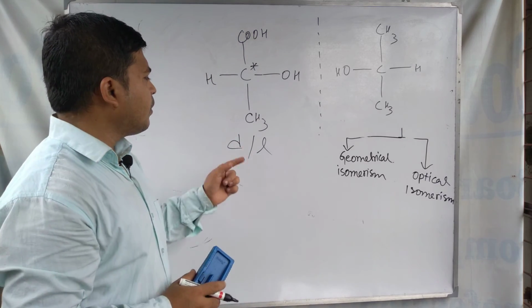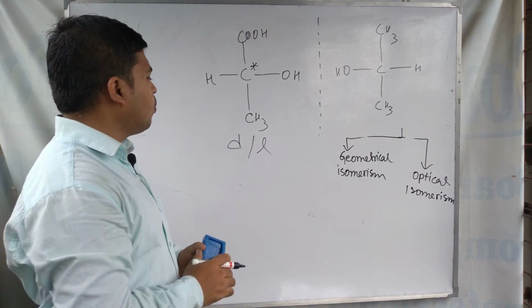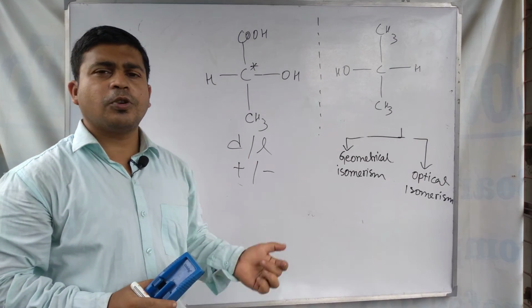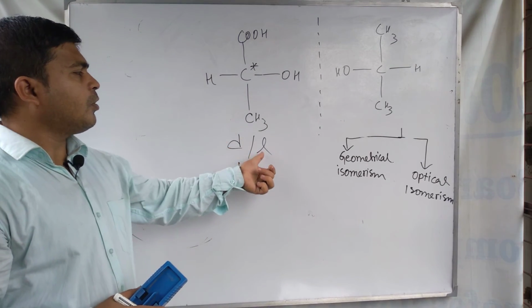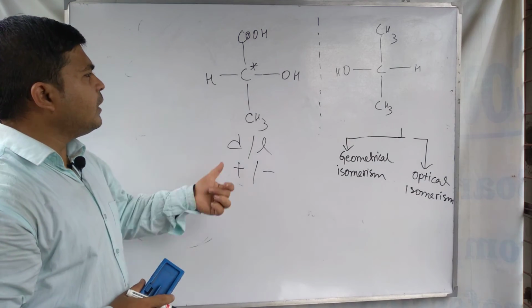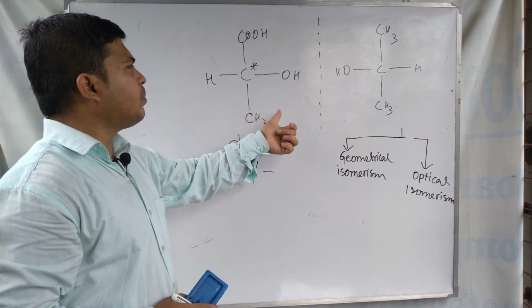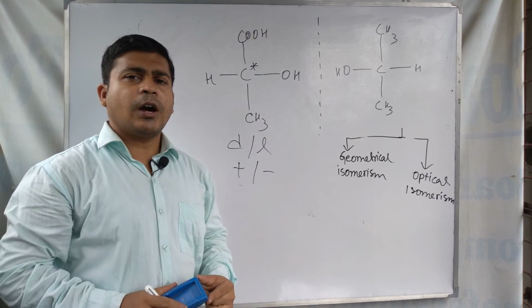In modern terms these are called plus and minus, where dextrorotatory is plus and levorotatory is minus. So the DL configurations for this type of optical isomers are shown.